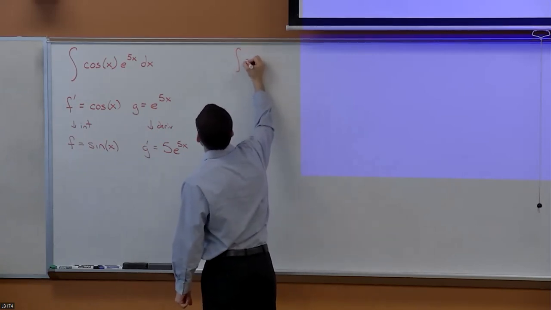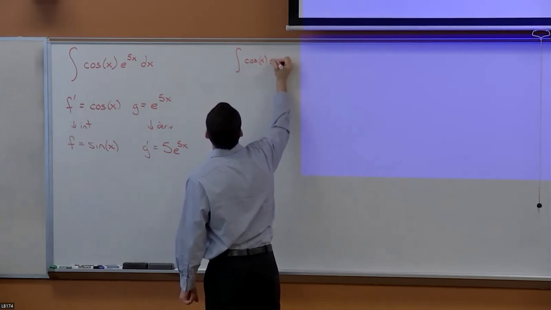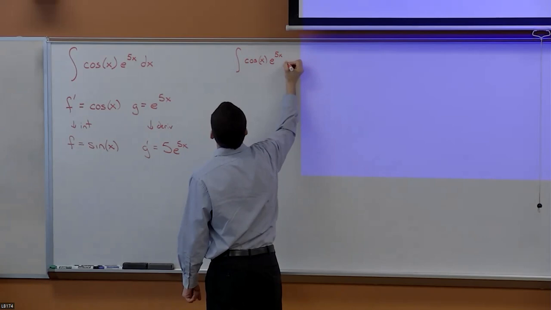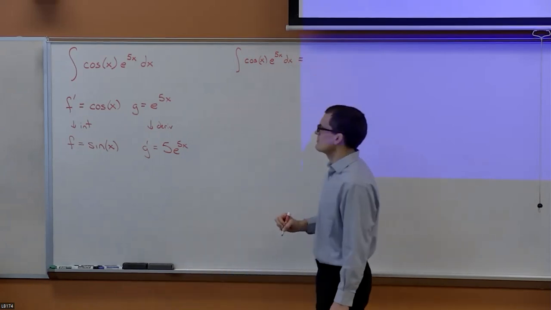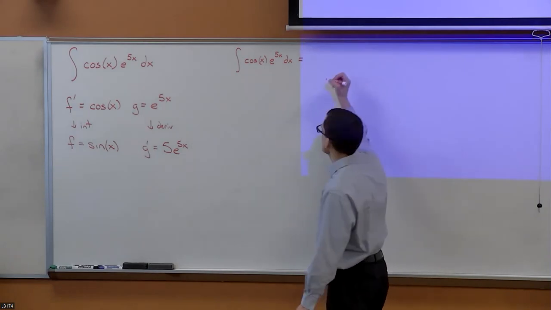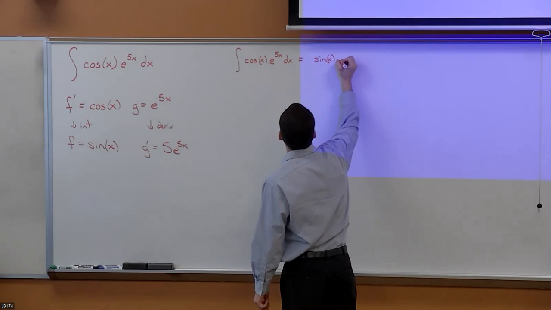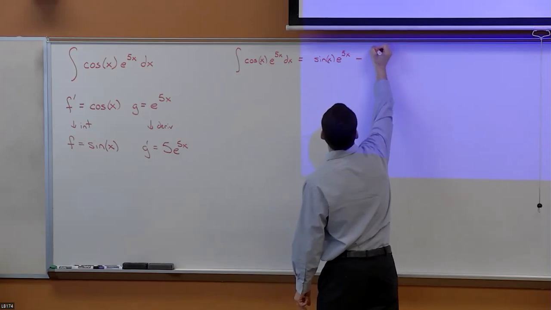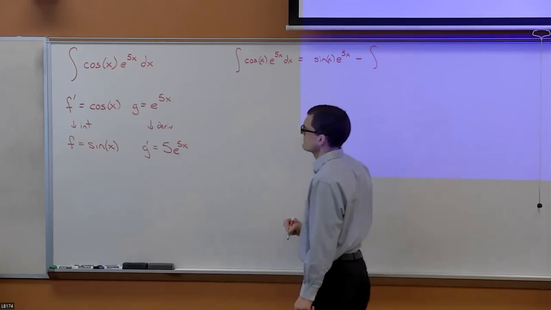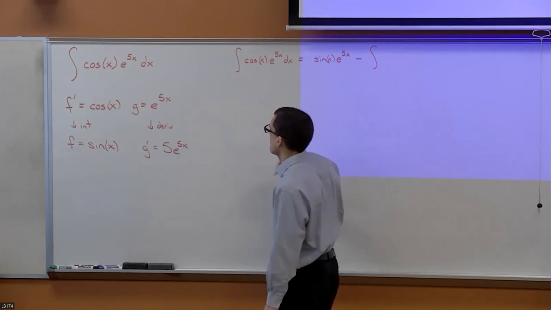So we're saying that this integration is equal to f times g, that's sine x times e to the 5x, minus integrate f times g prime.